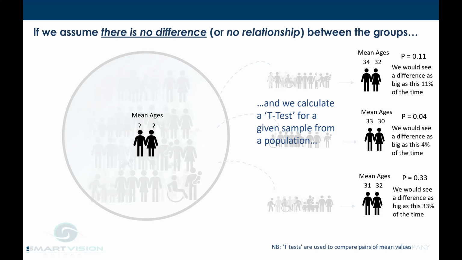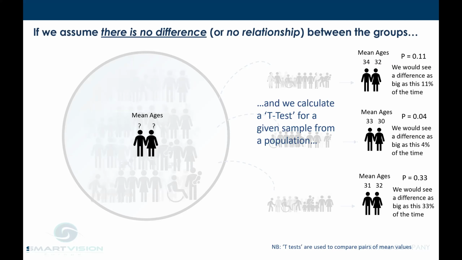In this case, you were comparing two means, and you were testing what's called the null hypothesis, which we'll come to later on, the null hypothesis being that the means are in fact exactly the same in the population, and you got a p-value of 0.011. It's saying that basically you'd see a difference as big as this, a difference of 2 years between 34 and 32 up here.